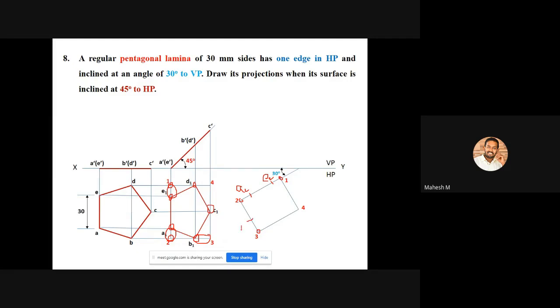So this is point B2, and point C1 will be available exactly at the center point of line 3 and 4. This is the center point of 3 and 4, so this can be marked as C2. Then finally I can mark D1 similar to B2. So this is D2. Okay.